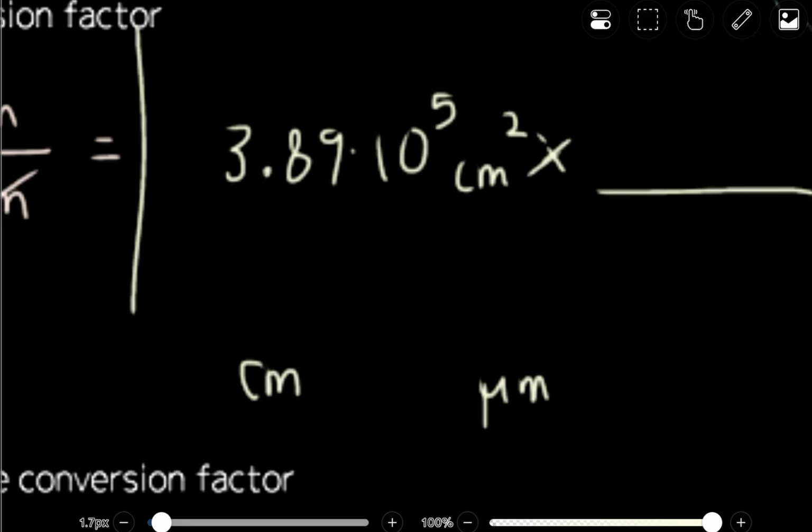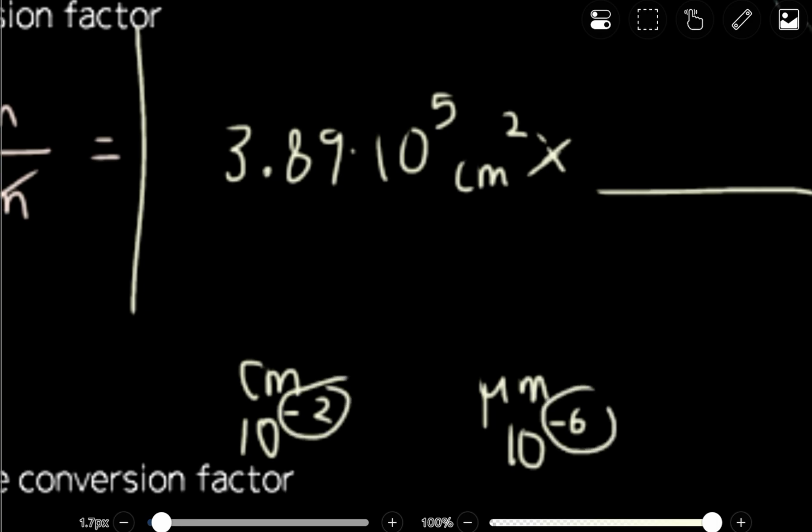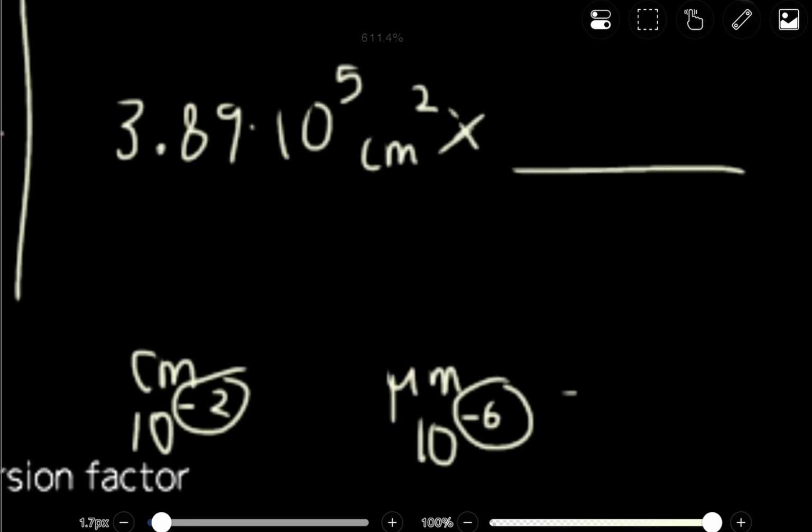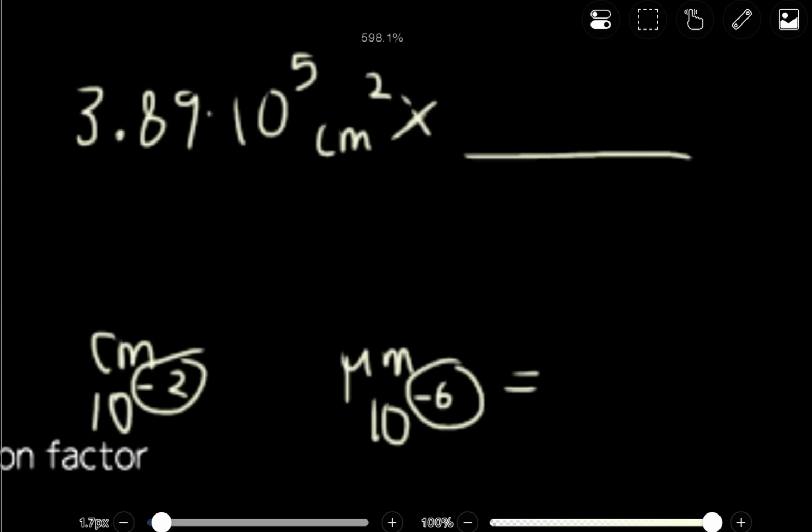On your SI prefix formula sheet, it's going to be centimeters. It won't say anything, but it's actually going to be 10 to the negative 2 in respect to just a regular meter. And your micrometer will be 10 to the negative 6 in respect to a regular meter. But the difference between centimeters and micrometers will be 6 minus 2.